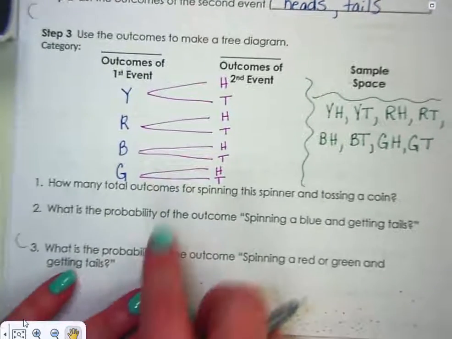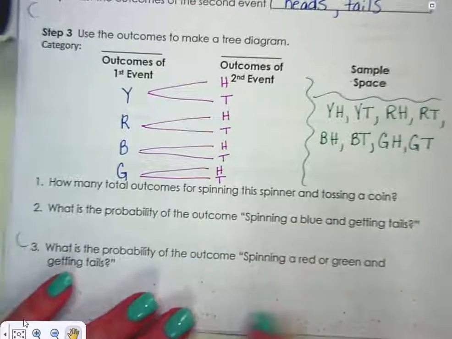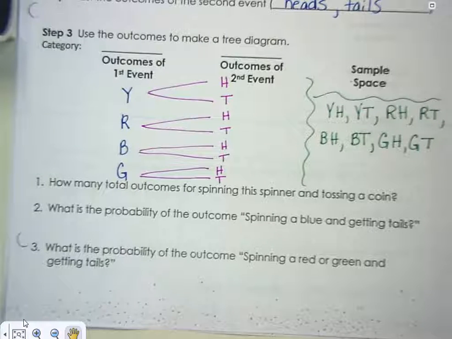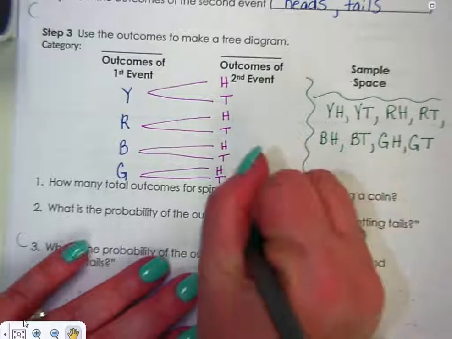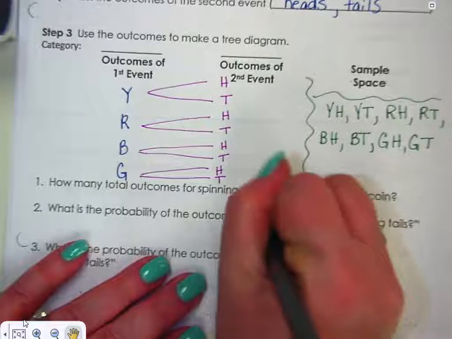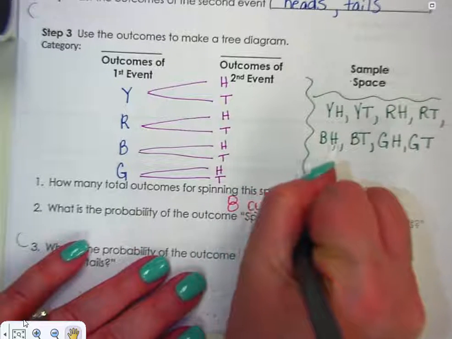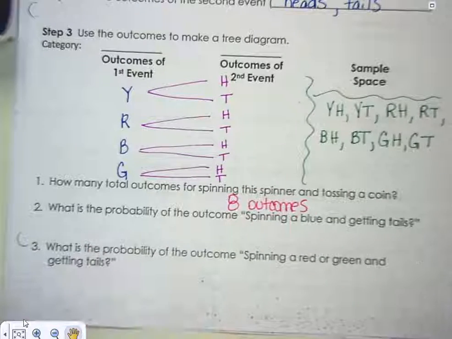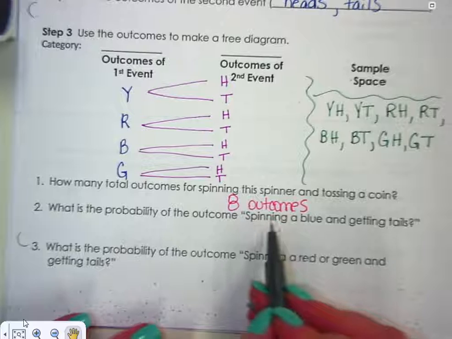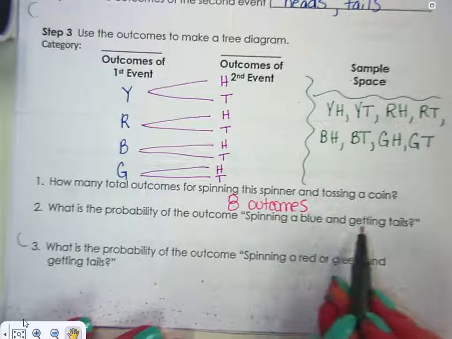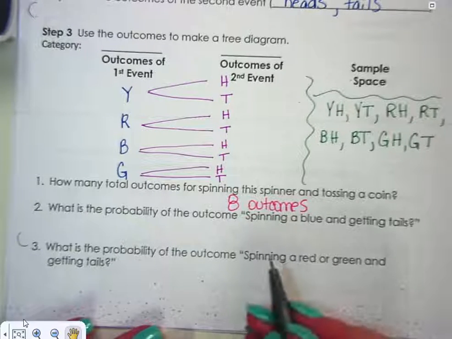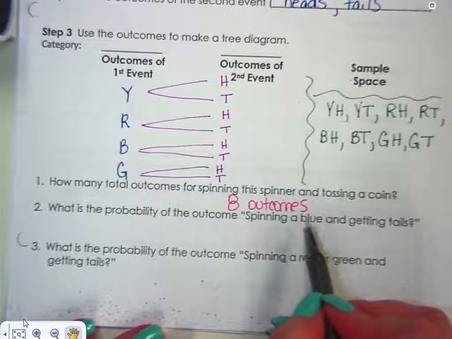All right, so let's do these summary questions right here. We may have already answered them, but let's take a look. How many total outcomes are there for spinning this spinner and tossing a coin? We said there's 8 outcomes. What is the probability of the outcomes spinning a blue and getting tails?